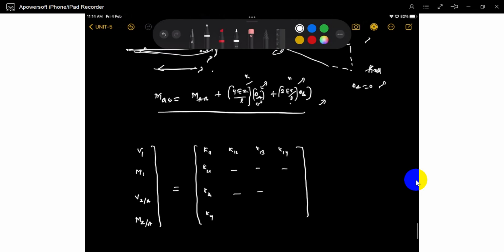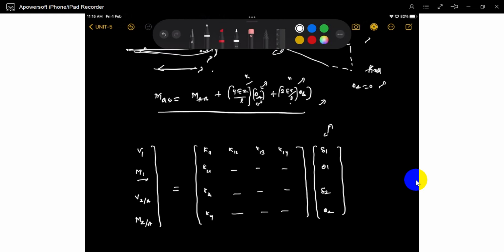So every element has the same stiffness only. The difference is only boundary conditions. I will explain. So if you see, this is delta 1, theta 1. This is delta 2, this is theta 2. You already know. This is the response.